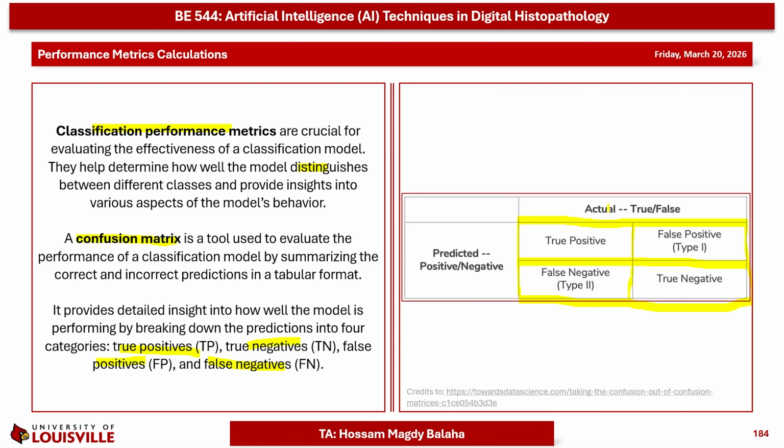So here I'm setting the columns to be the actual, referring to the ground truth, and the rows to be the prediction. You can swap between them, but depending on your setting, the cells inside the confusion matrix will change. So for now, assume that the actual is set for the columns and the predictions are set for the rows.